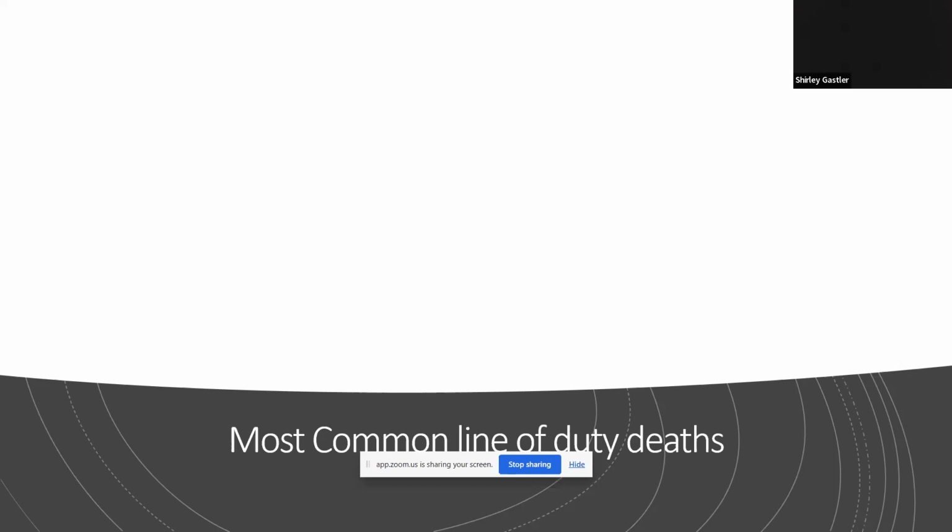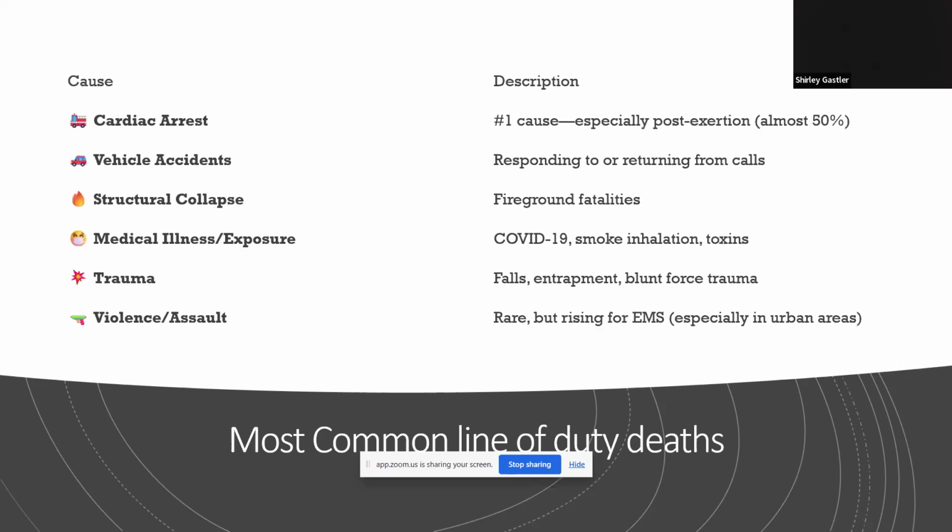Cardiac's number one, cancer's up there. And Drew says suicide is creeping up. Suicide is on there, unfortunately. So cardiac arrest, vehicle accidents is actually an incredibly high cause as well. Of course, structural collapse, medical illness, exposure, trauma, and then violence and mental health, the suicides, that kind of stuff.